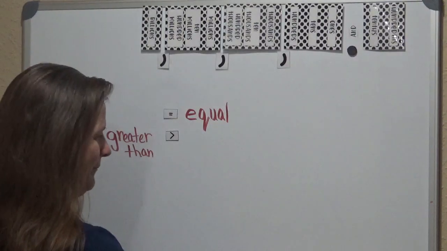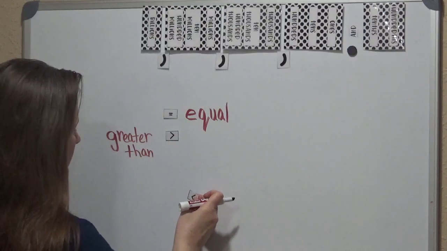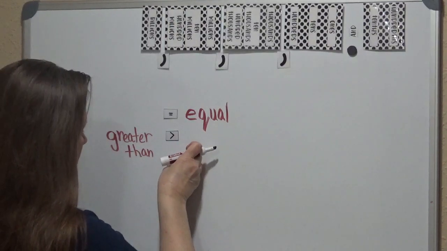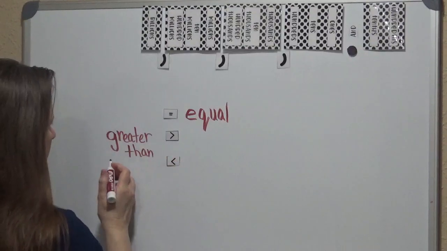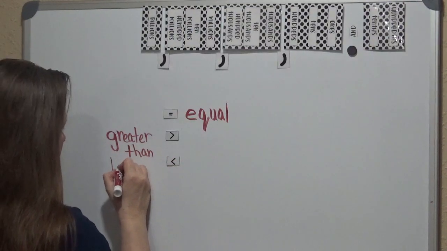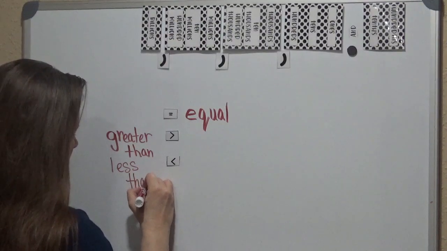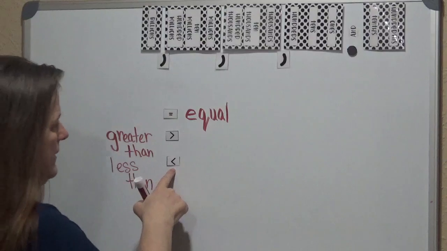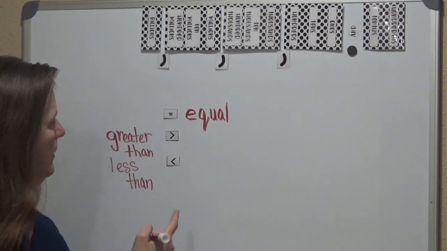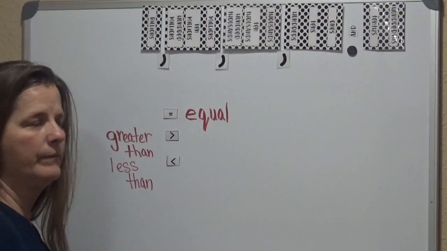Alright, the next one is a less than. The less than symbol is always going to point towards the smaller amount.